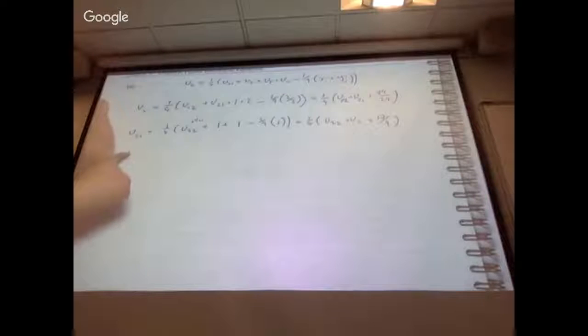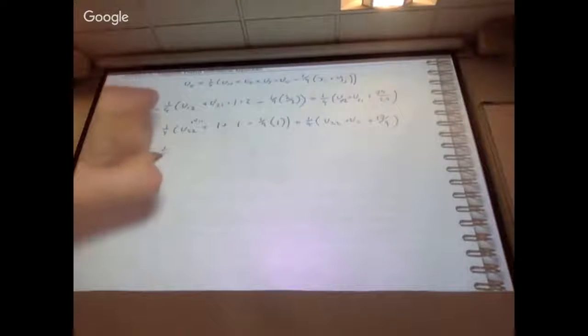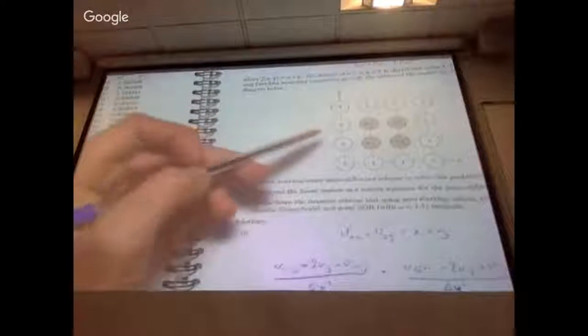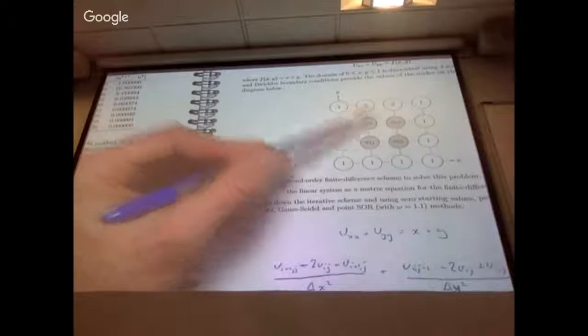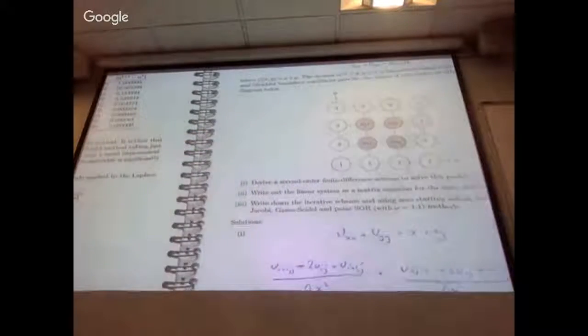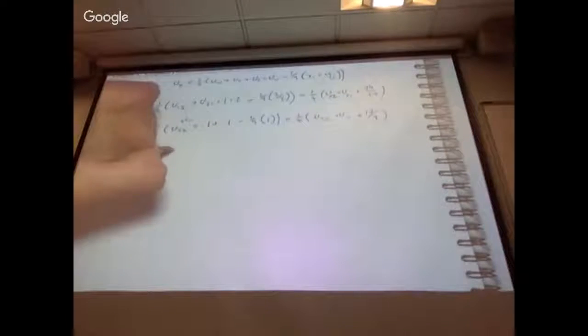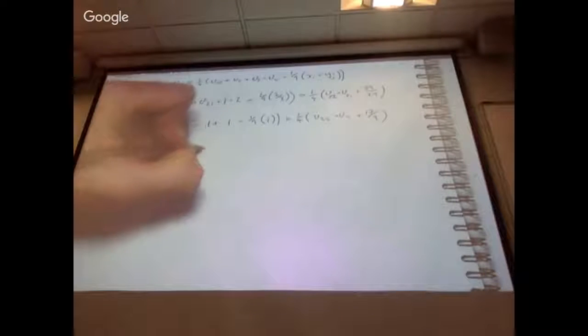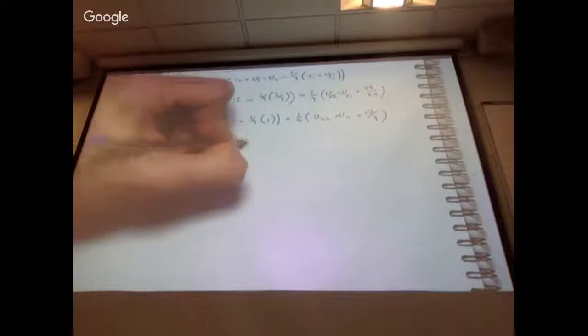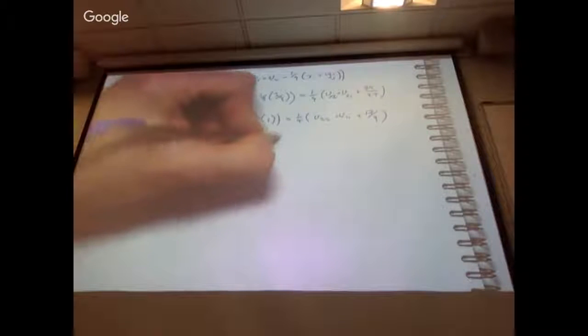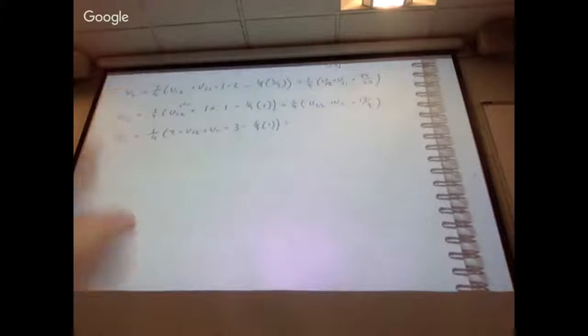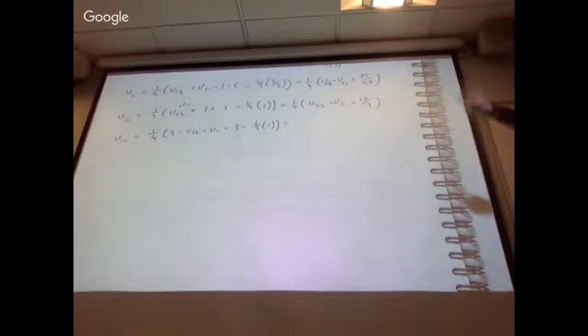Okay. Now we go up to the second row. So again, I'm at this node now. So I've got 3 plus U22 plus U11 plus 3. That's minus 1/9 times 1/3 plus 2/3, because the x-coordinate of U12 is 1/3, and the y-coordinate is 2/3.